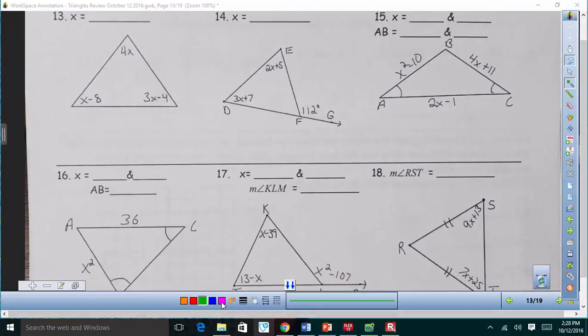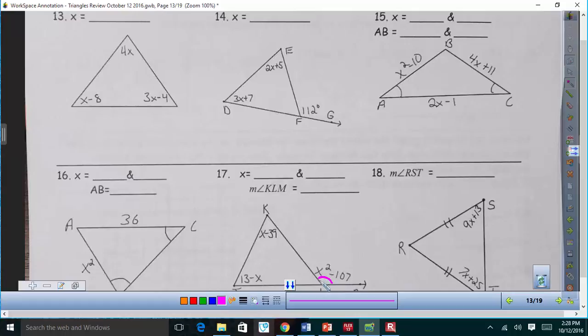Okay, so 17 asked me to find KLM and X. So I kind of cut the measures off, but KLM, I believe, is this angle right here, right? Is that KLM? Okay. Now, this angle right here, where is it in reference to the triangle?